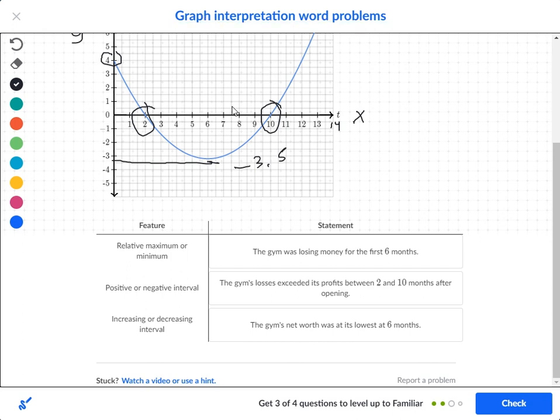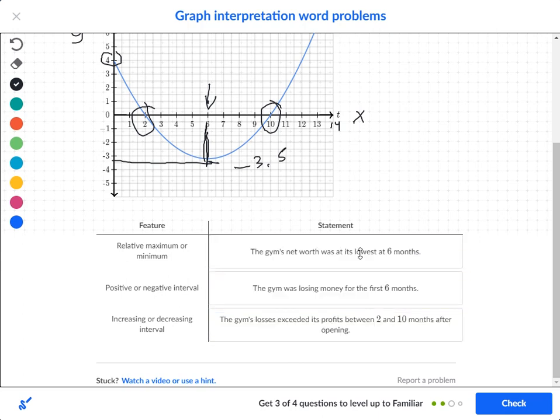So here are 6 months here. And if you follow this all the way down, this is like the upside down bell-shaped curve. So it did go to its lowest point after 6 months. Since we're talking about a certain point there, that would be your relative minimum. So this should be there, because it says the gym's net worth was at its lowest point after 6 months.